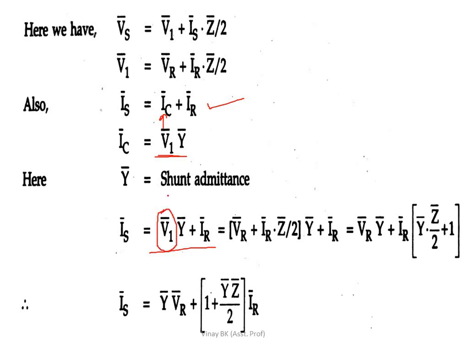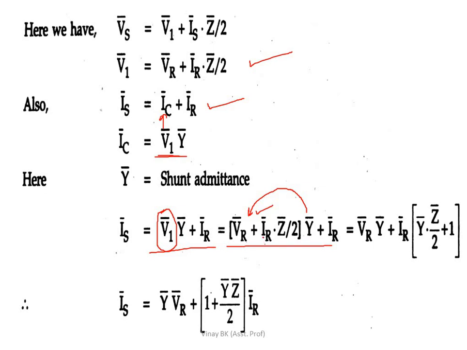Once we are getting V1Y plus IR, I know the value of V1, so substitute it. V1 is given by VR plus IR into Z by 2. So that is VR plus IR into Z by 2, into Y, plus IR. Next step is simplifying this expression. Multiplying Y inside, we get VR into Y plus IR into YZ by 2 plus IR.